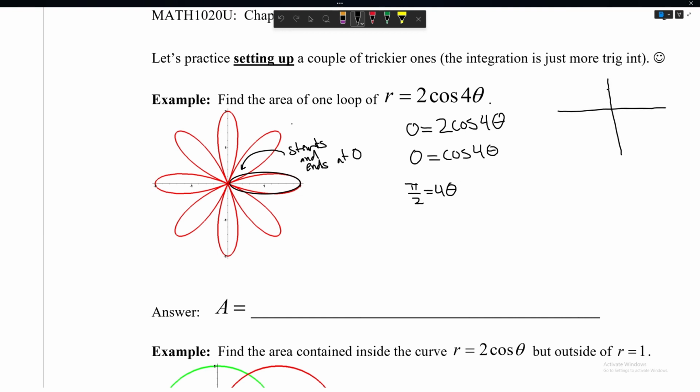You see my cos goes like this, and it oscillates every 180 degrees, or every pi. And so if this is pi over 2, pi over 2 will happen again at pi over 2 plus another pi, which gives 3 pi over 2.